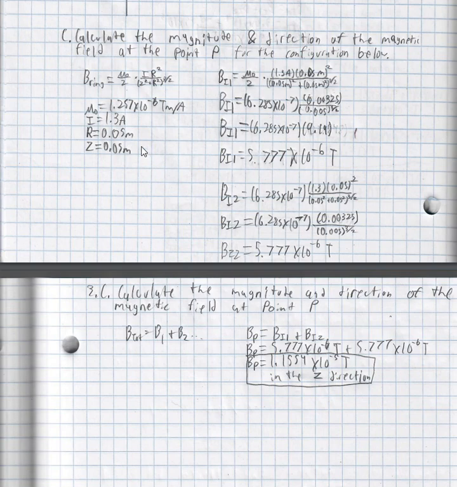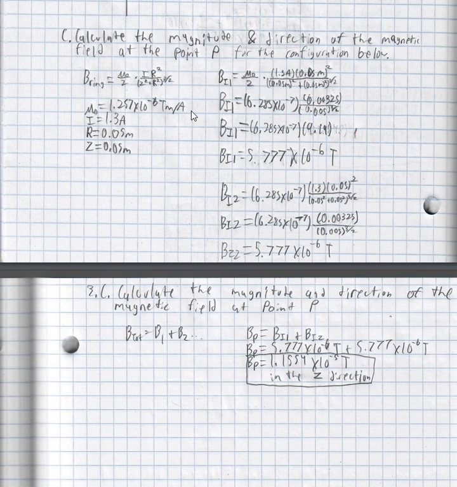So the equation for the magnetic field of a loop or ring is equal to mu naught over 2 times the current times the radius of the loop squared, over the distance z squared from the loop and point plus the radius squared, add those two together and then put those to the power of 3/2.